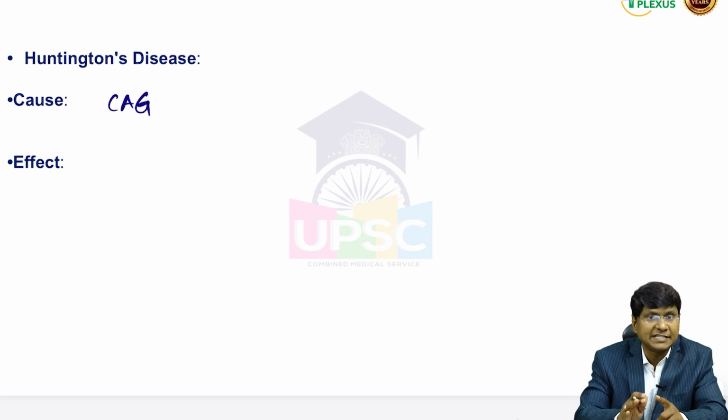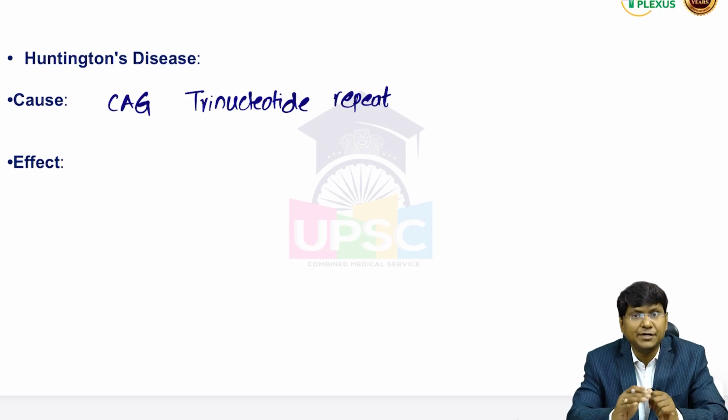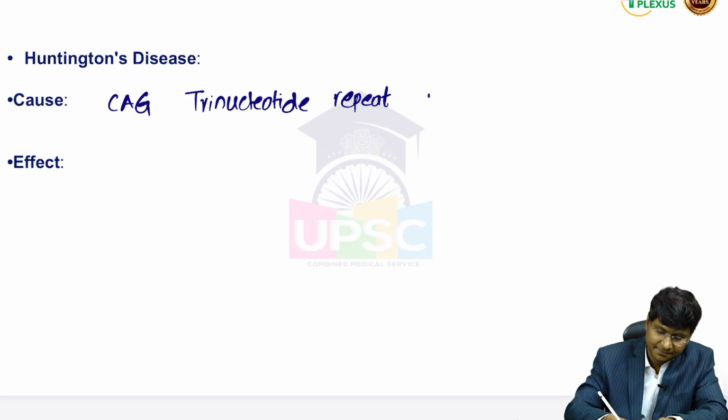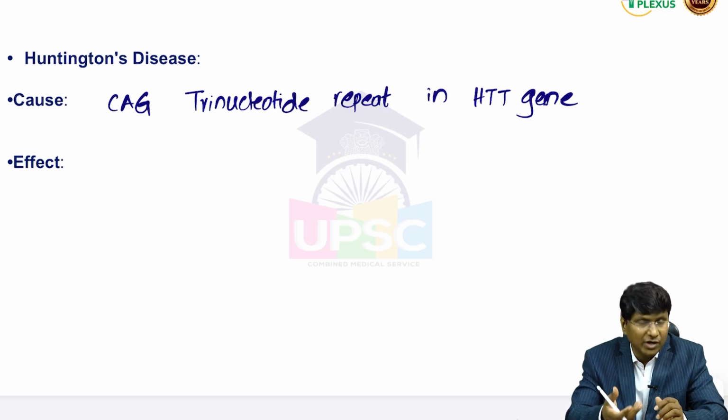So first, if you take Huntington's disease, this is caused by expanded CAG trinucleotide repeat in the HTT gene. And what is the effect whenever there is expanded CAG trinucleotide repeat?